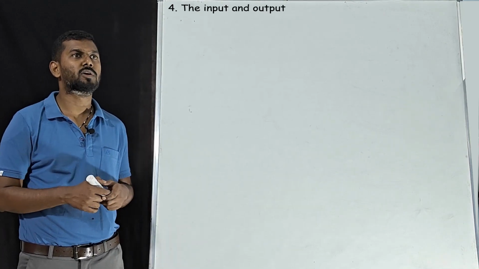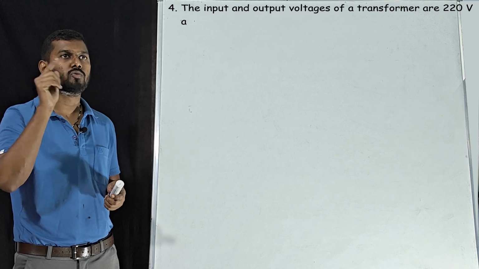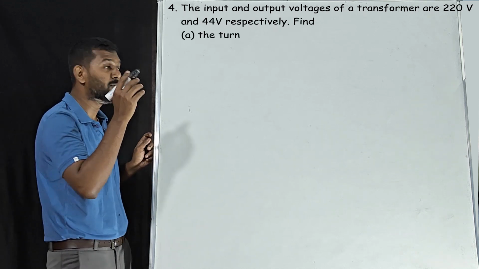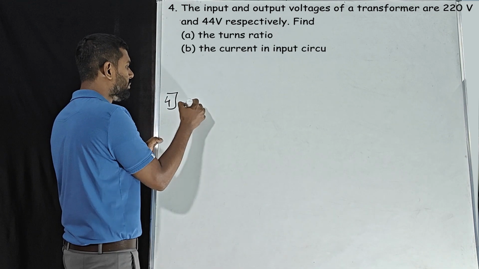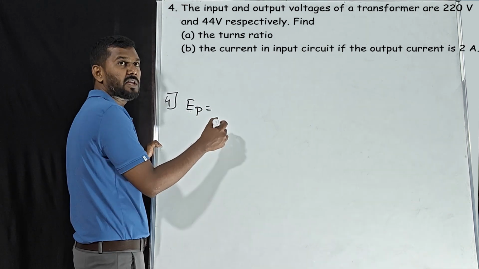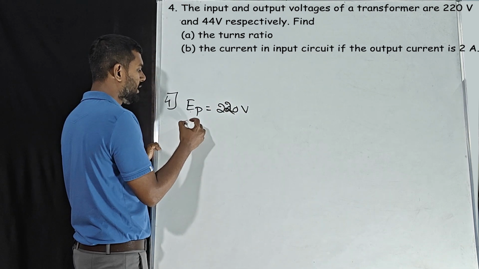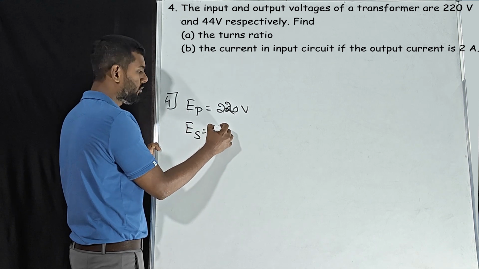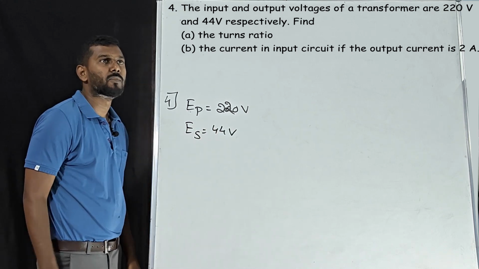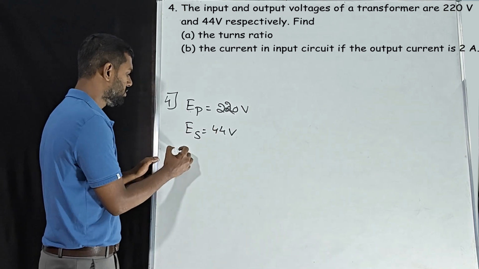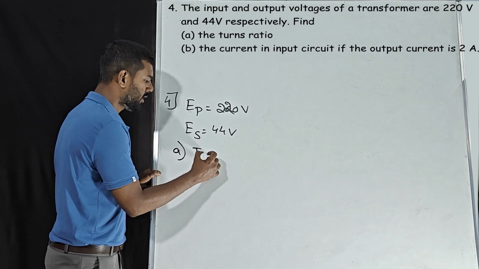Our last numerical. The input and output voltages of a transformer are 220 and 44 respectively. Input and output. So input, that is EP voltage is equal to 220 volts. Then ES is equal to 44 volts. Then find the turns ratio.